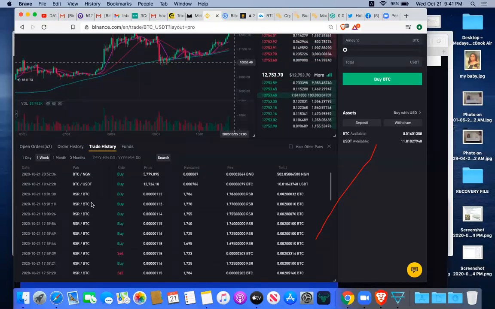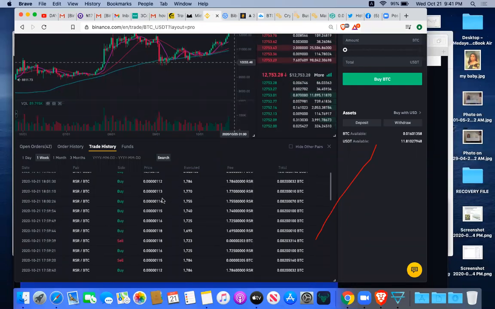Even today, wow, it's crazy. RSR to BTC. You can see it sold RSR at 118 satoshi, and bought back immediately because maybe the price was still going to go up. It bought back at 118, 116, 115, 114, 113, and then 112.